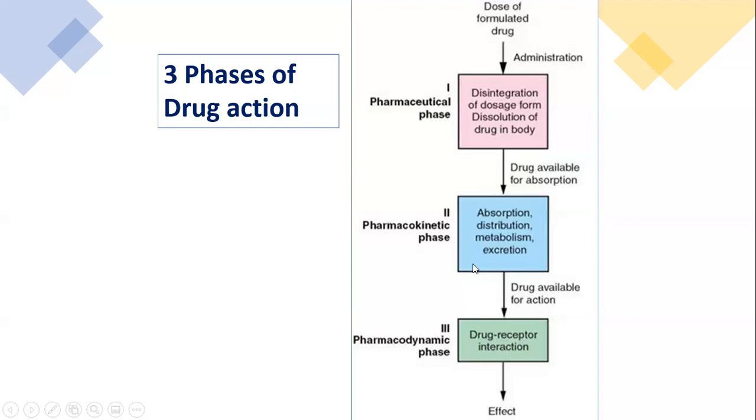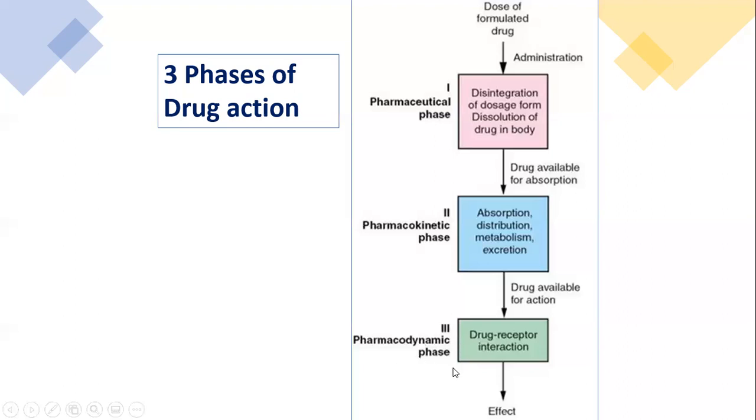So the difference between pharmacokinetics and pharmacodynamics. Pharmacokinetics is how a drug moves and what the body does to a drug.